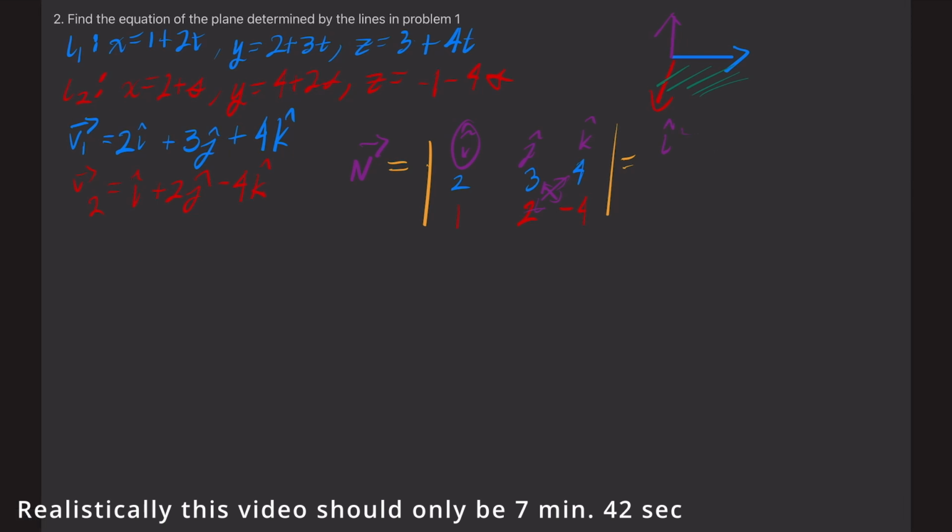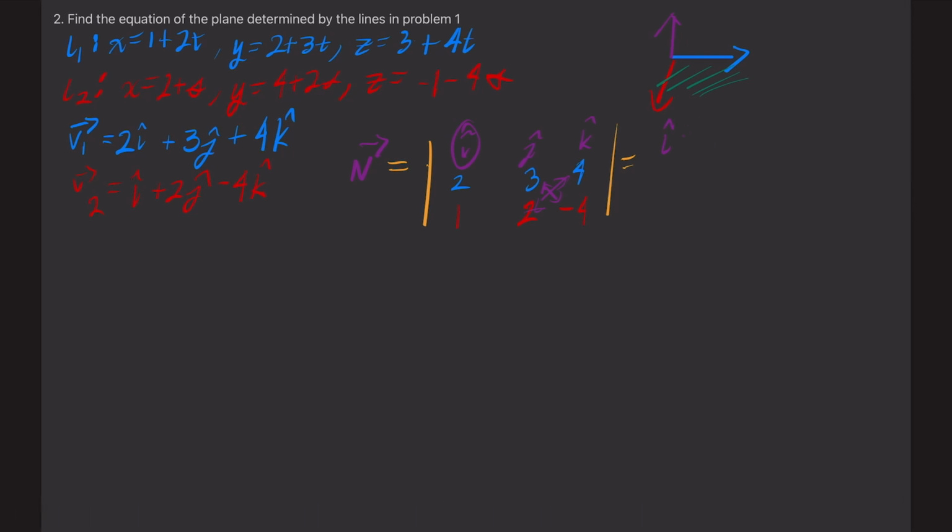So i is going to be negative 12 minus 4 times 2 is 8, plus j, minus j. It's a negative. The second one is a negative.